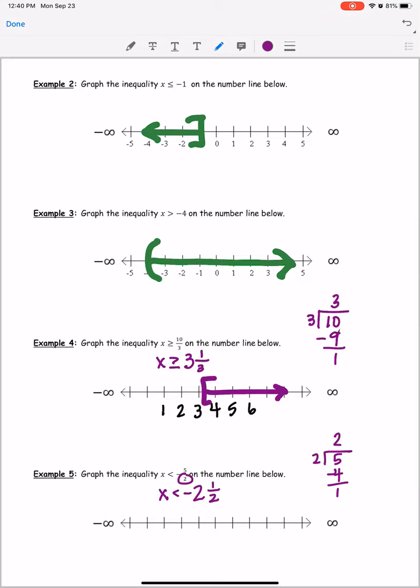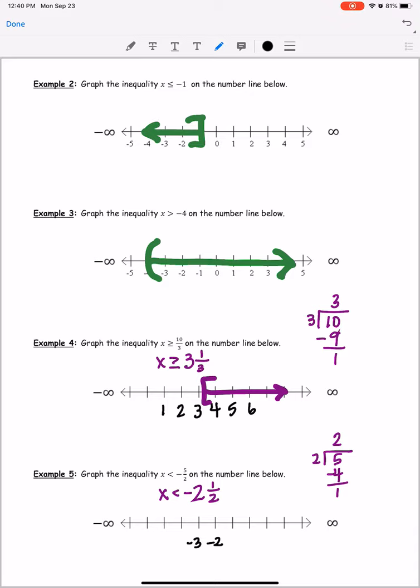We're keeping that 2 on the bottom. So now when I put this on the number line, we have to think, what two numbers is this in between? Since it's negative, it's more than -3 but it's not quite to -2. So it's in between these perfectly.